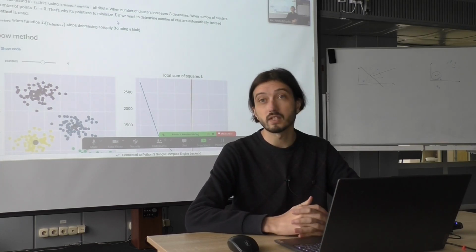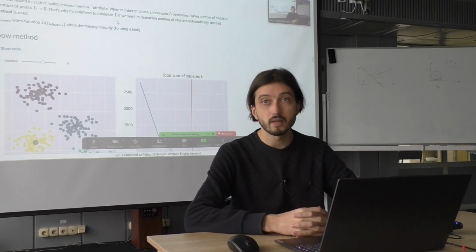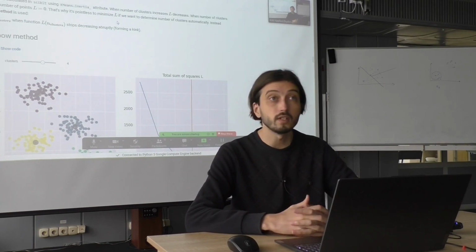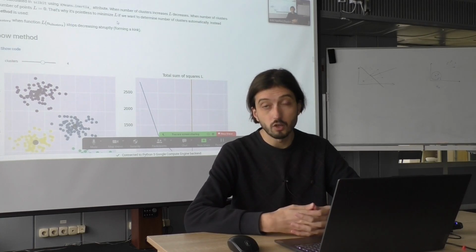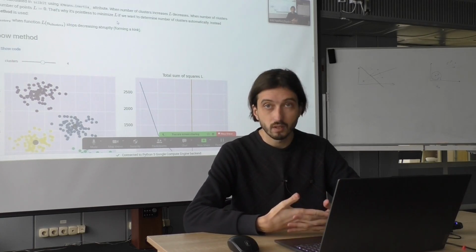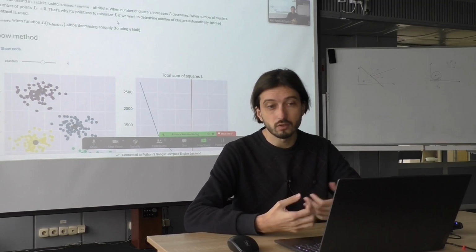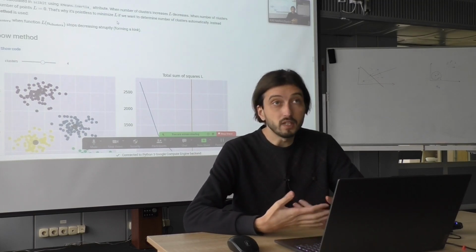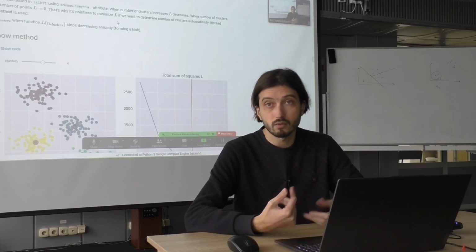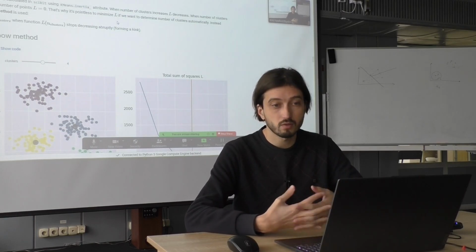Let's consider some extreme case. If I'm choosing the number of clusters equal to the number of points, you will have a perfect 0, because you can assign each point to its own cluster and it will be equal to its mean value. So there will be no differences and no inertia.